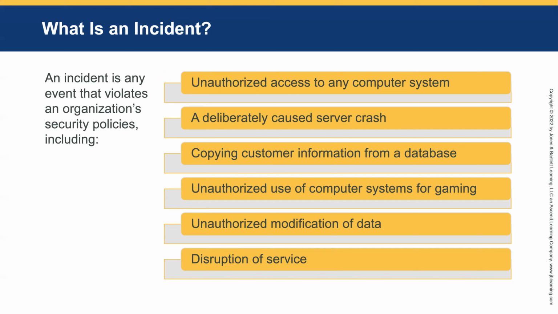So it's important for us to have this formal definition of what exactly an incident is, so that we can appropriately respond and support our processes. And so once we have denoted what exactly an incident is, we need to keep in mind how we're going to be able to classify it.